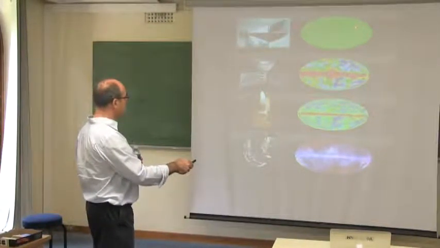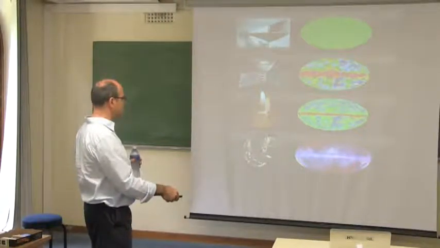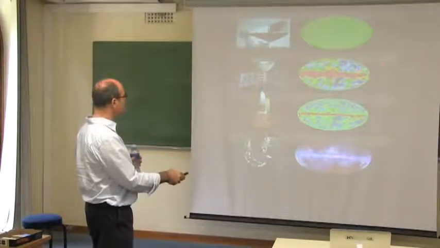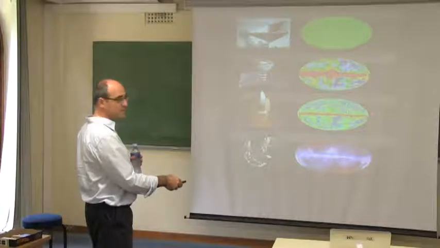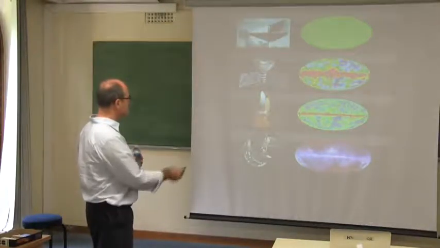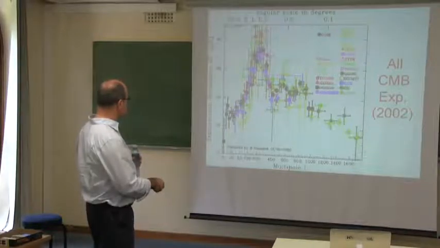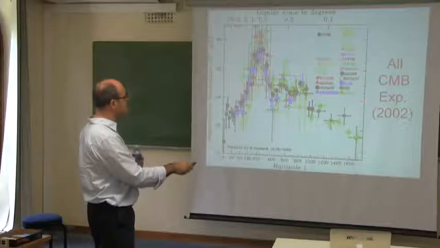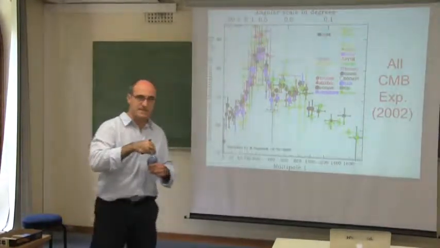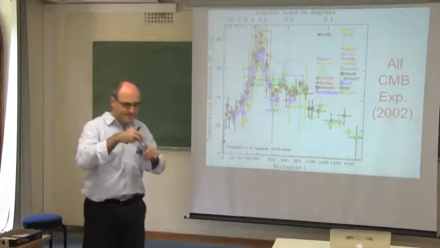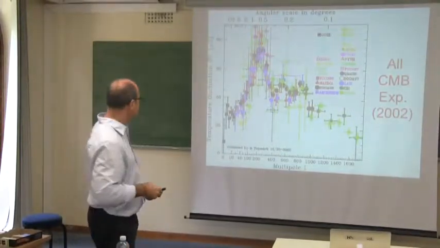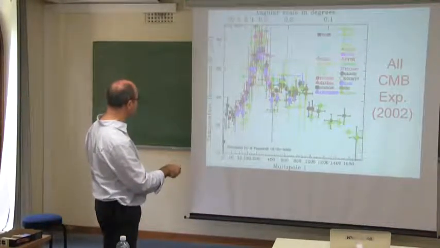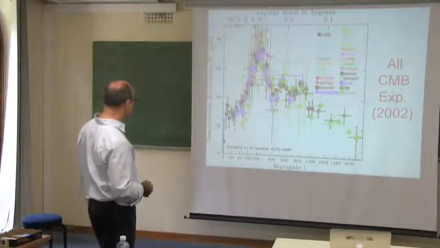Well, the history of the CMB is a history of improvements in the determination of those anisotropies. You go from 1965 to 1992, 2003, 2013. Higher and higher resolution. In 2002, we already had a very clear indication from a number of CMB experiments, not just satellites, but also ground-based experiments all over the world, which showed a very clear peak, and then somehow some acoustic oscillations.